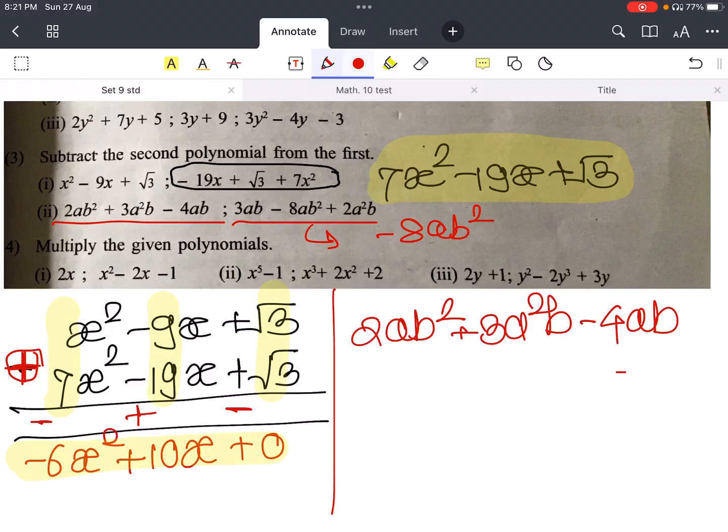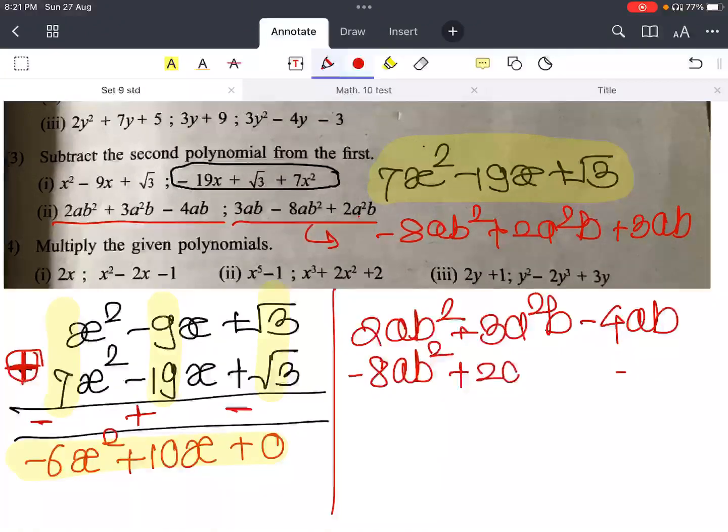Next one क्या है? a square b. So a square b is plus 2a square b and last one ab है तो यह आ जाएगा plus 3ab. Clear है? Now subtract minus 8ab square plus 2a square b plus 3ab.